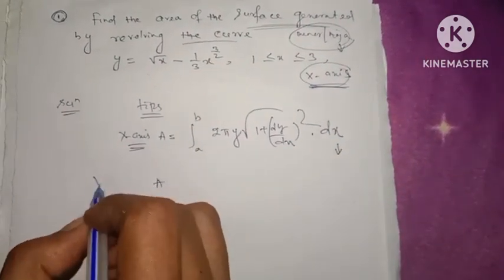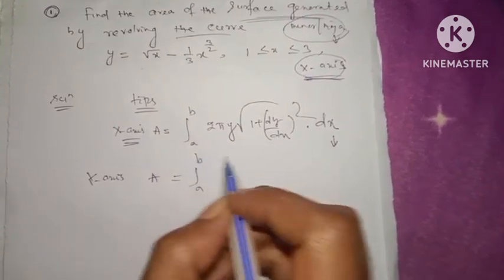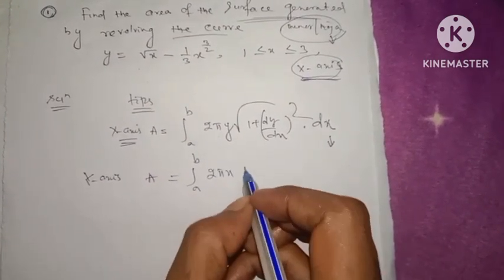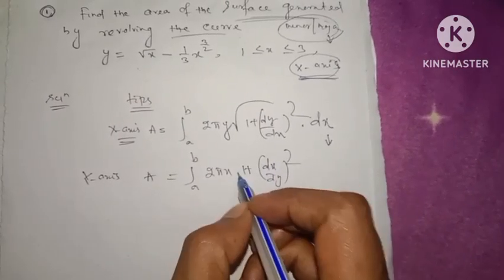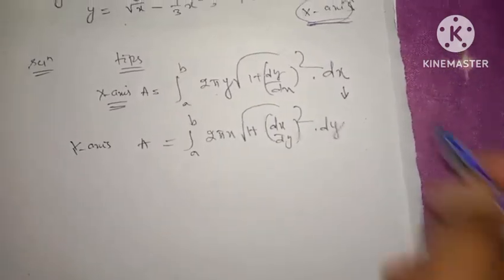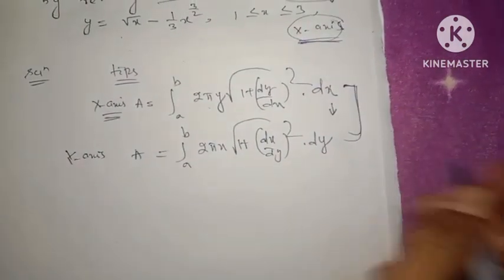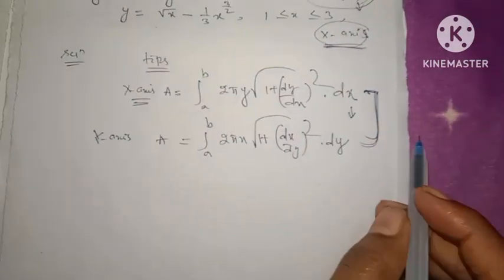Whenever it is the y-axis, the formula is the integration from a to b of 2 pi x times the square root of 1 plus (dx over dy) squared, with respect to dy. These two formulas help me solve these questions.